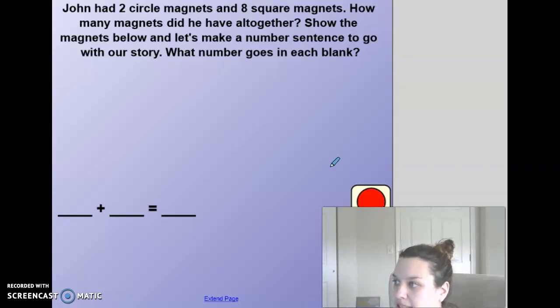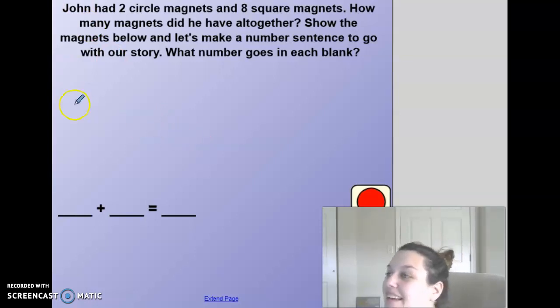How many magnets did he have altogether? Go ahead. Draw a picture and a number sentence.